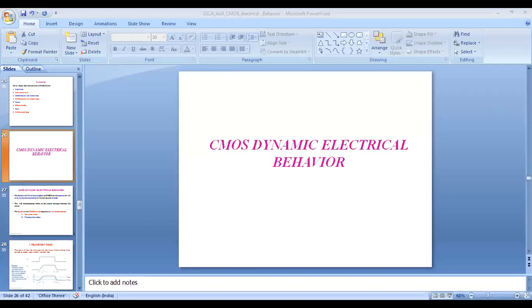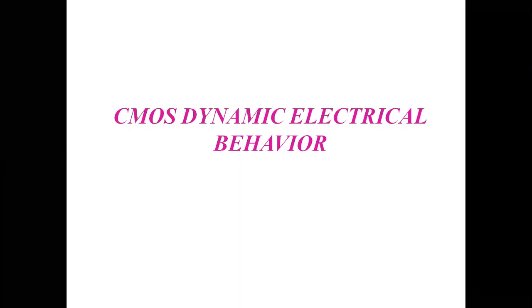So in today's session, we will continue the previous content, CMOS electrical behavior. As the class was not continued in our last class, day before yesterday's class, once again, I will start from the beginning.